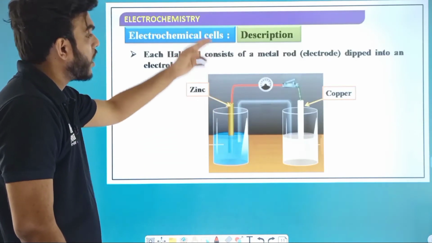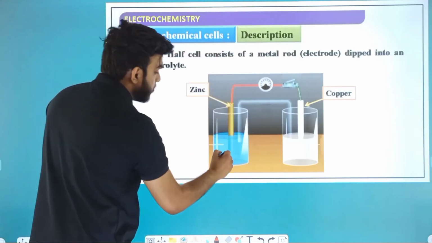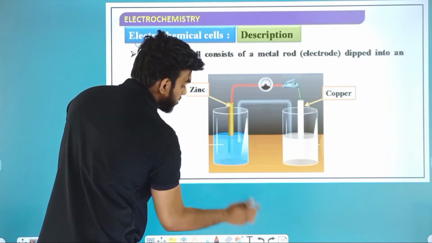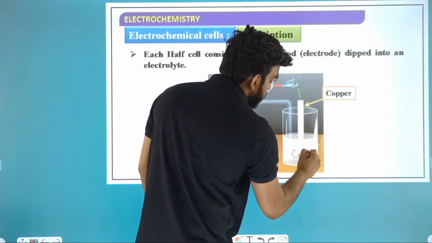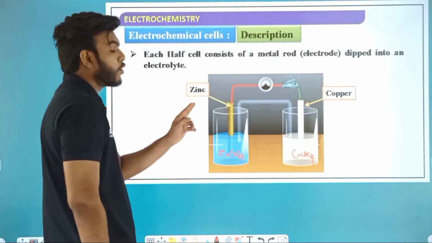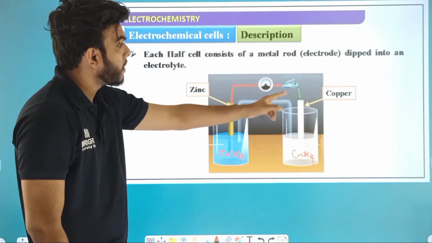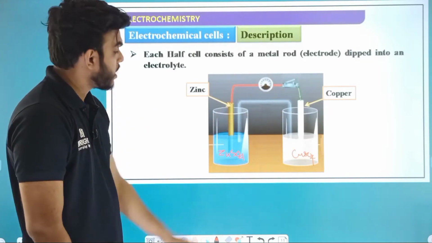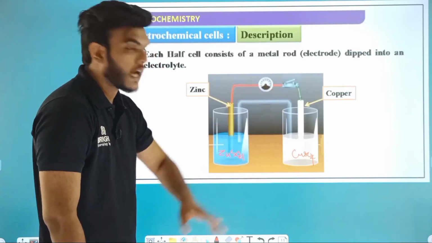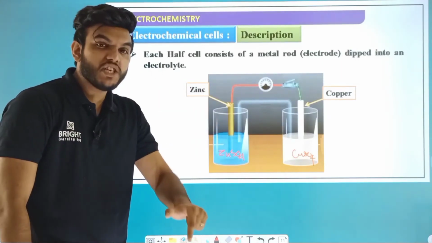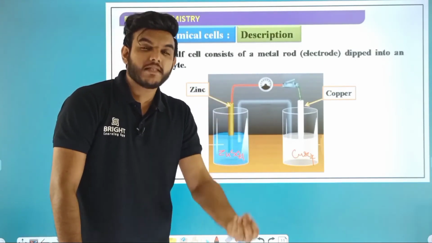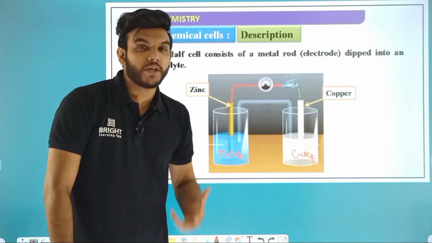Moving further, this is the actual representation. You have zinc and copper. Zinc is immersed in zinc sulfate, and copper is immersed in copper sulfate. Zinc is the anode, it undergoes oxidation. Copper is the cathode, it undergoes reduction, and the electrolytes are connected by a salt bridge. The salt bridge is made up of agar-agar, KCl, sodium nitrate, potassium nitrate.